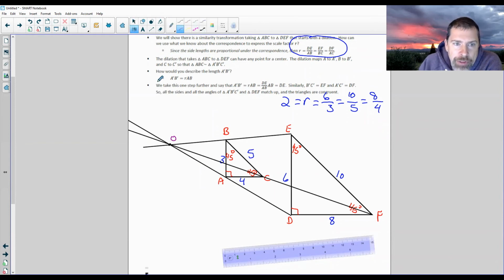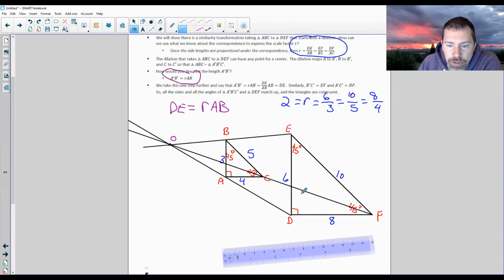So all I would do is say DE equals R times AB in this situation, which is the same as this. They're just calling their triangle A prime, B prime, C prime. And up here, they called it DEF, so I don't know why they switched back. But anyway, we take this one step further and say that A prime, B prime, which is DE, equals R times AB.